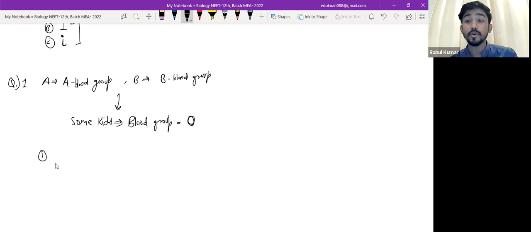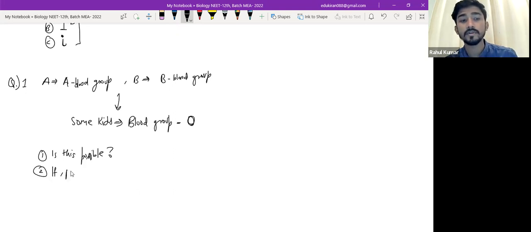Is this possible? Is it a possible scenario? Is this scenario correct or false? You have to tell me this. Second, if possible, then what are the genotypes of parent A and parent B?